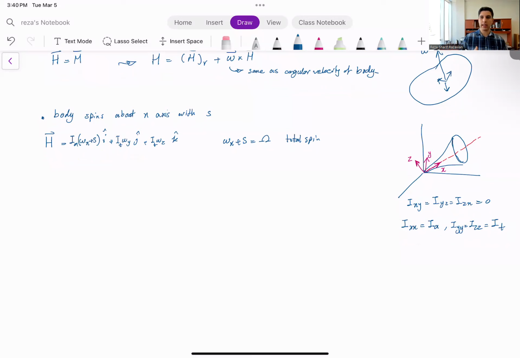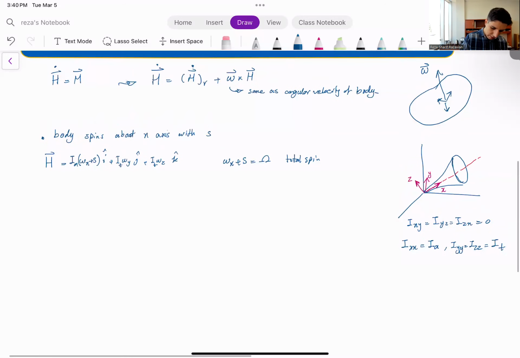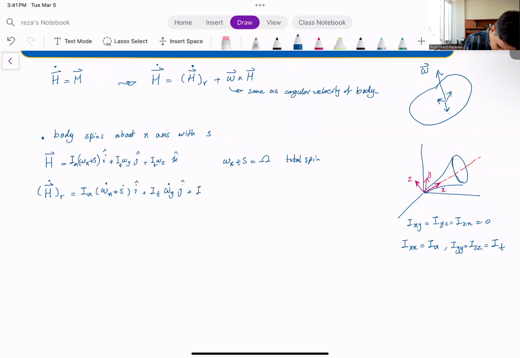And going in the same direction that we had before, h dot relative, given the same argument that we had before, is only now IA times (omega x plus s) dot I plus IT omega dot y plus IT omega dot z k.